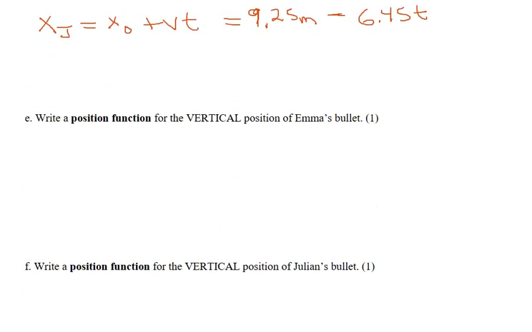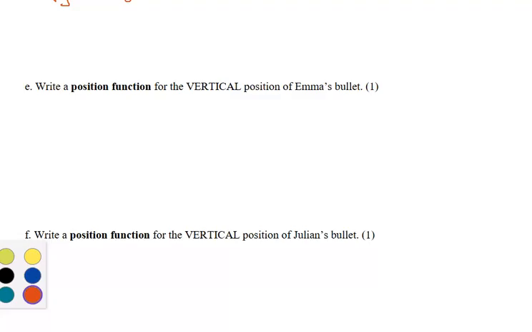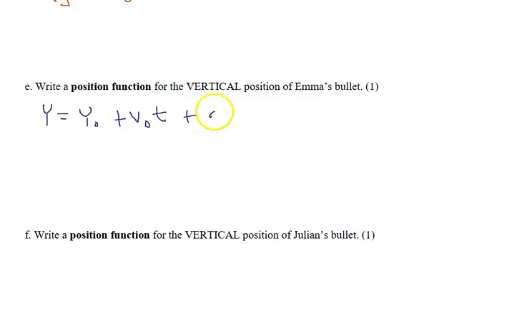Write a position function for Emma's bullet in the vertical. So y equals y naught plus v naught t plus at squared over 2. She is on top of the cliff.